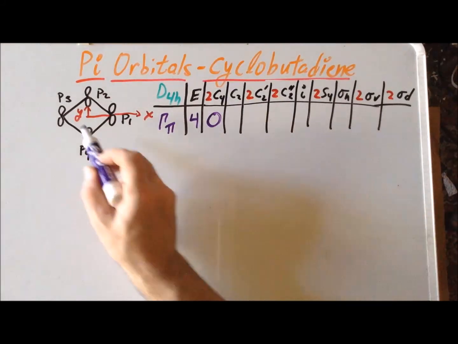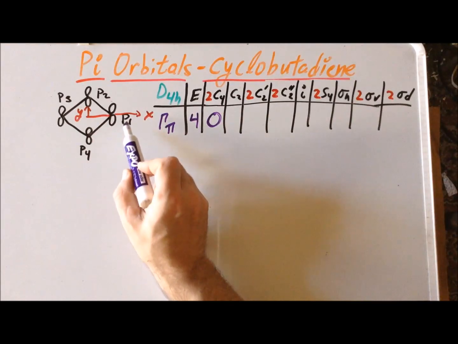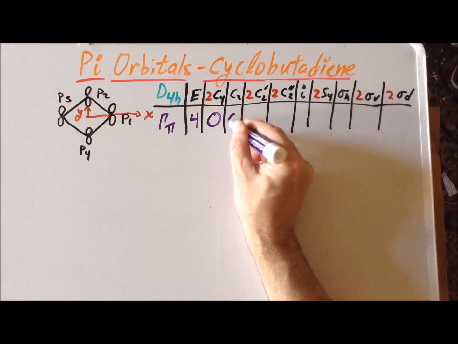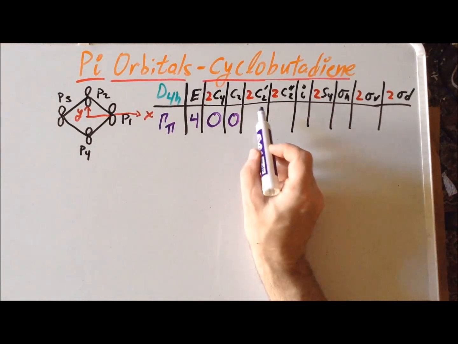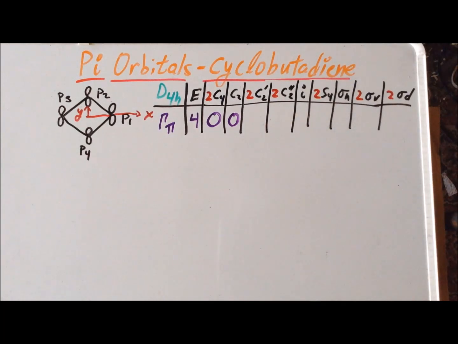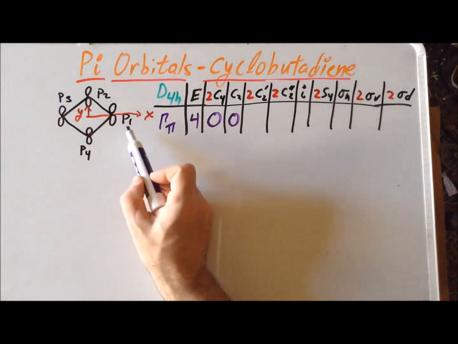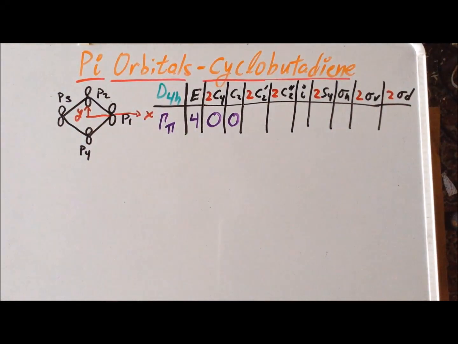This C2 is exactly coaxial with the high-order C4 axis. p1 would go to p3, p2 would go to p4, so again, none of the orbitals are going to stay in the same position. For this particular C2 prime along this particular axis, it would flip over p1 and change the phase of p3.